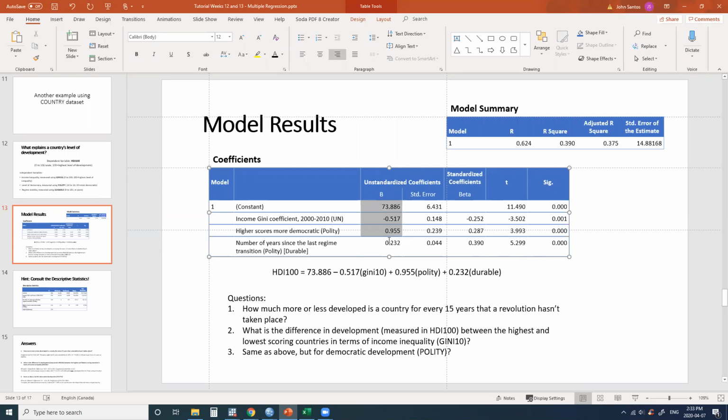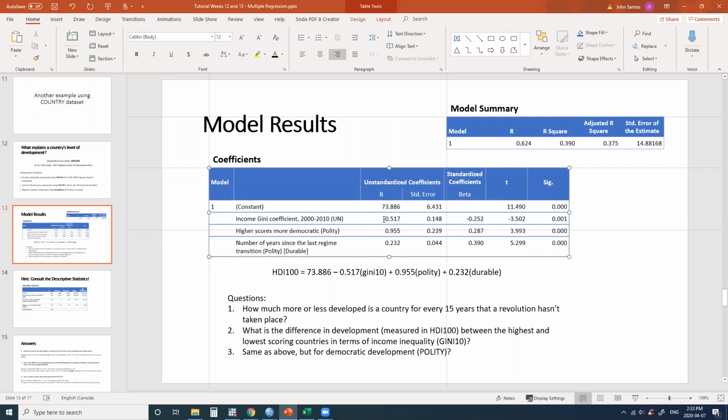Now, these are measures of the average relationship between each of these independent variables and our dependent variable. If you think back to the lectures, where you were taking the sample mean, that's an estimate of the average of a population, right?